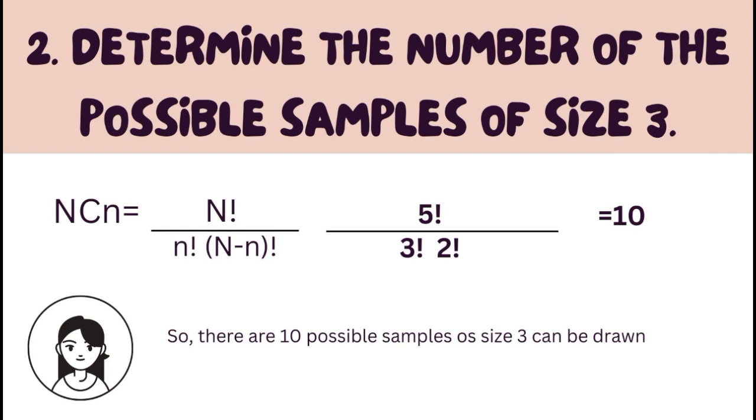What we did in this solution is simply remove 3 factorial, or 3 times 2 times 1, from 5 factorial. So 5 times 4 equals 20 and 2 times 1 equals 2. So 20 divided by 2 is equal to 10. So there are 10 possible samples of size 3 that can be drawn.